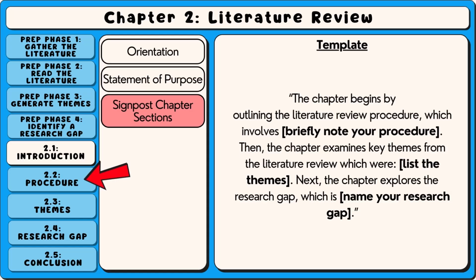By the way, the literature review procedure that we'll follow will be outlined in the next step. So if you don't know what your procedure is yet, you'll find out in the next couple of minutes. The template continues. Then the chapter examines key themes from the literature review, which were, then list your key themes. And next, the chapter explores the literature gap, which is, and then you'll name your research gap.